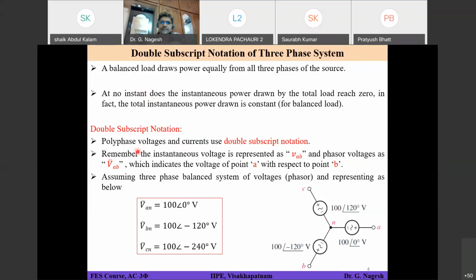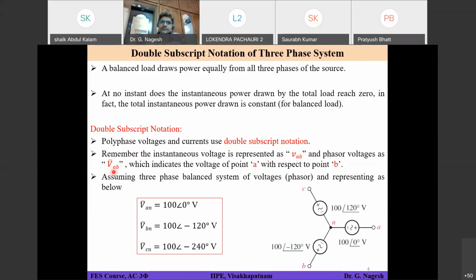So polyphase voltages and currents use double subscript notation. For example, remember the instantaneous voltage is represented with small letter v, as vAB. That means the voltage of phase A with respect to phase B, instantaneous value. Phasor voltages are represented as capital V AB bar. Phasor you know already how to represent.